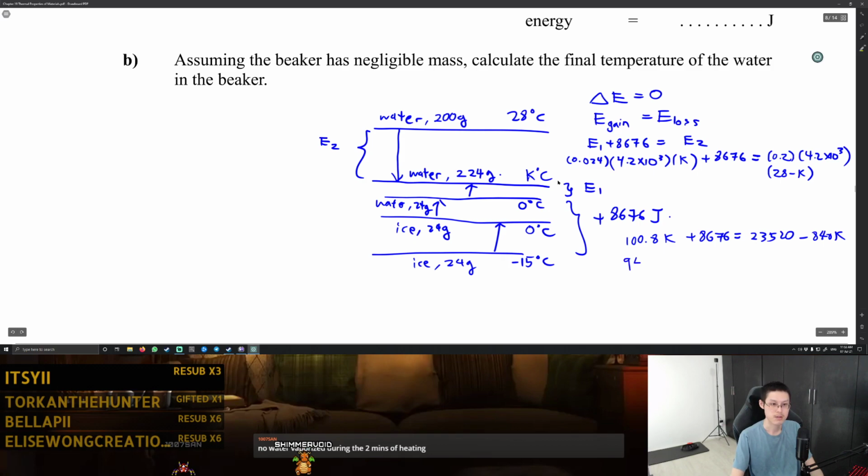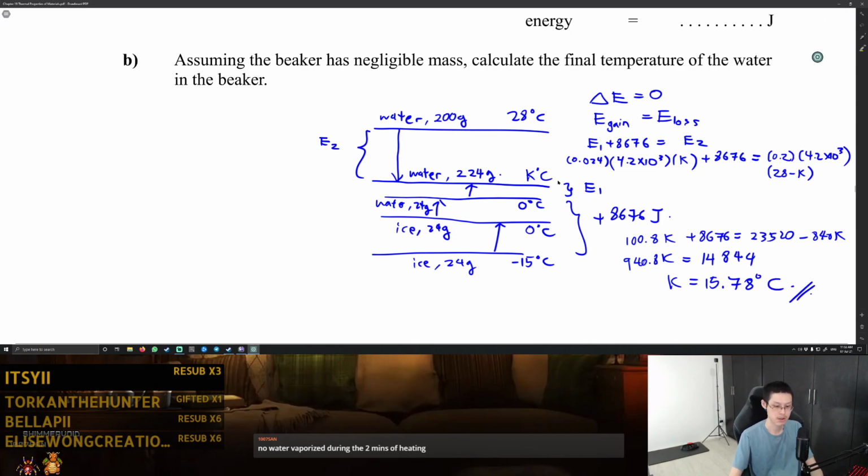So we get 940.8K here. Then 23520 minus 8676, which is 14844. So K has got to be 15.78 degrees Celsius. So that is how you work out the final temperature of a mixture of two different things.